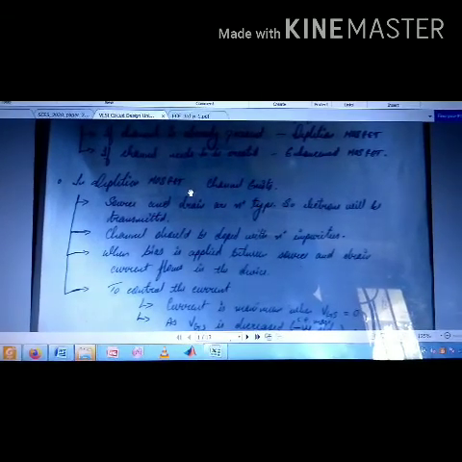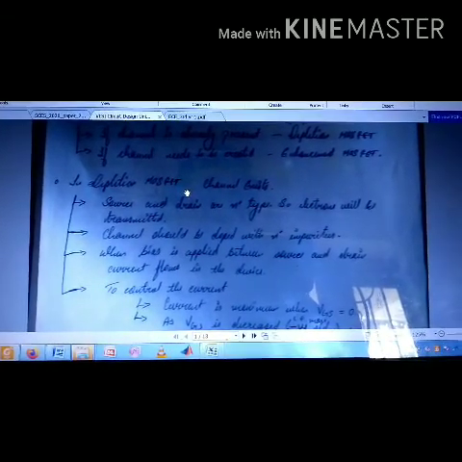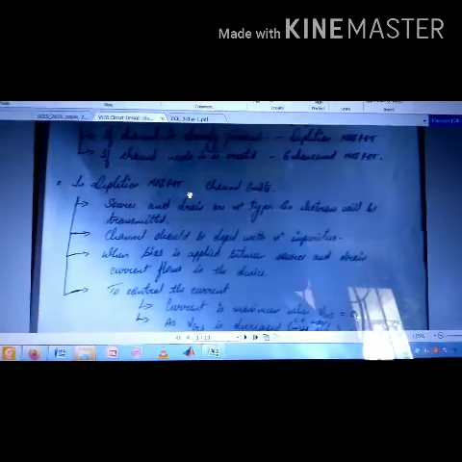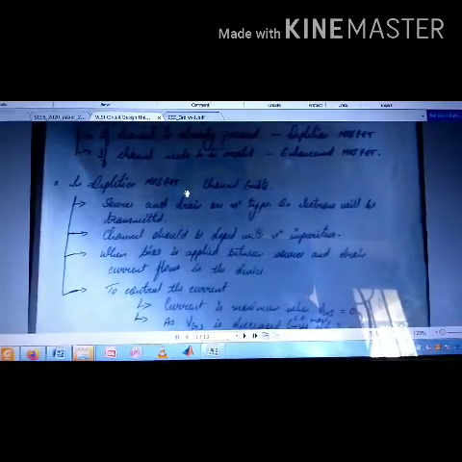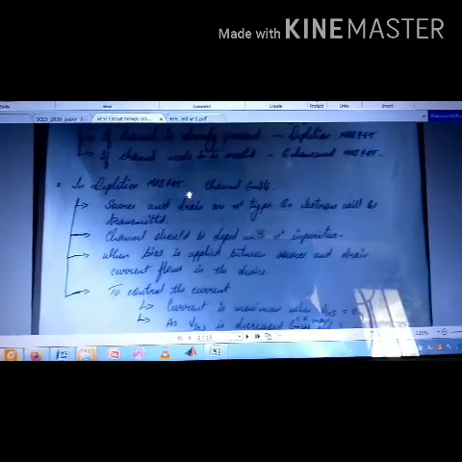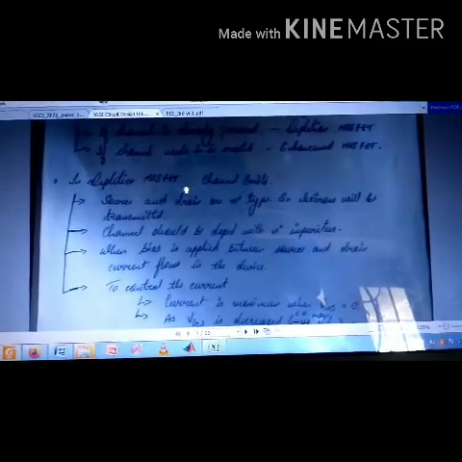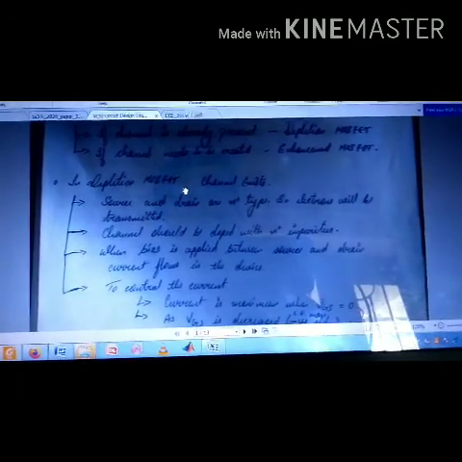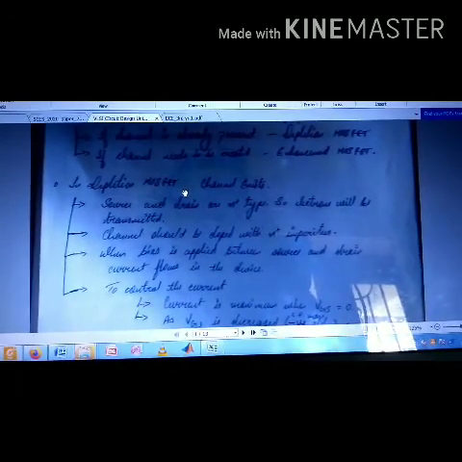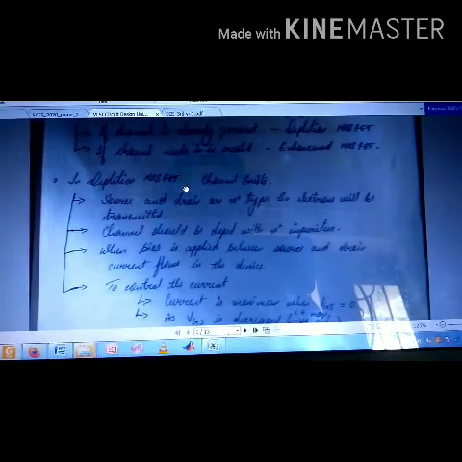The source and drain are both n-type, so electrons will be transmitted, because we know if it is an n-positive semiconductor, electrons will be the majority carriers. And the MOSFET is basically a unipolar device which favors transfer of only one type of carrier.